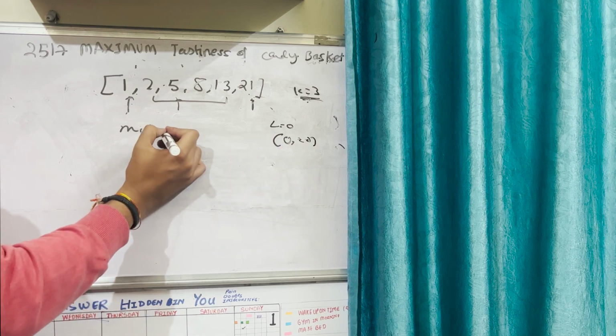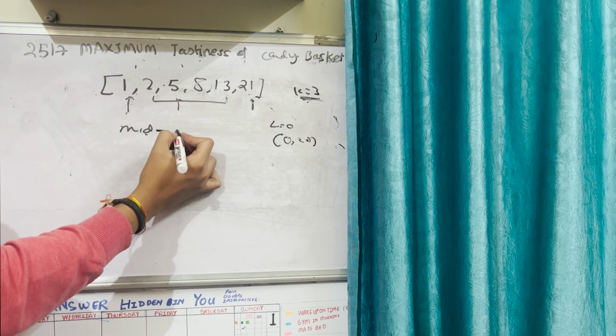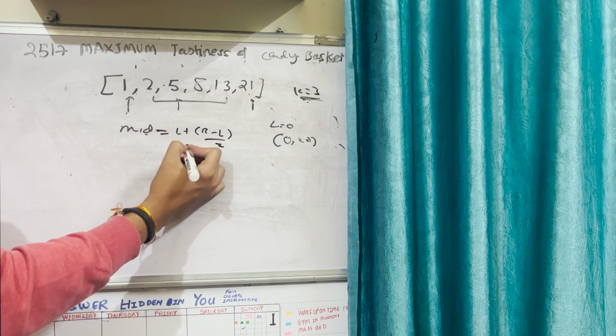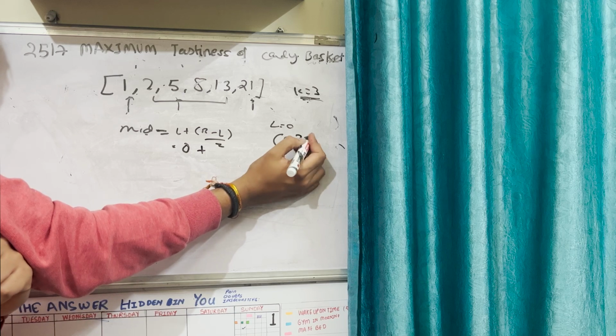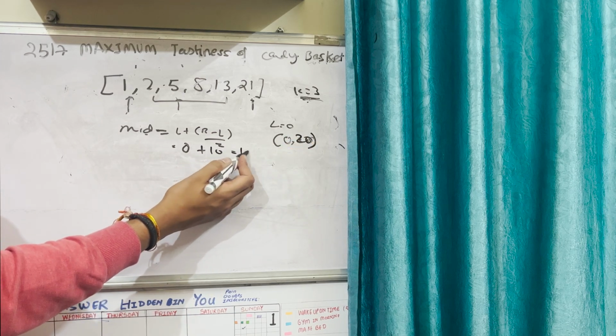First you'll find mid, which will be L plus (R minus L) by 2, which will be 0 plus (20 minus 0) by 2, which will boil down to 10.